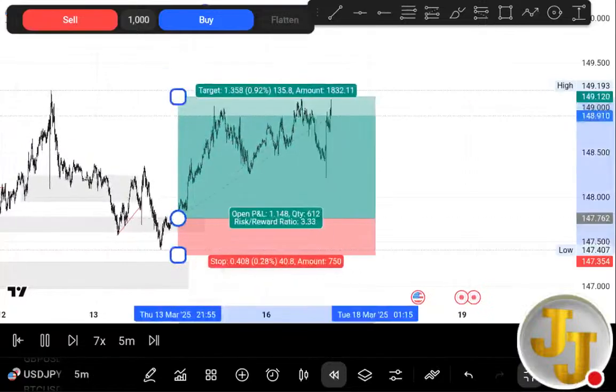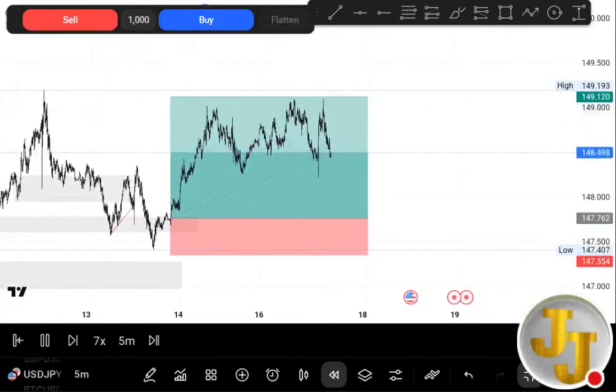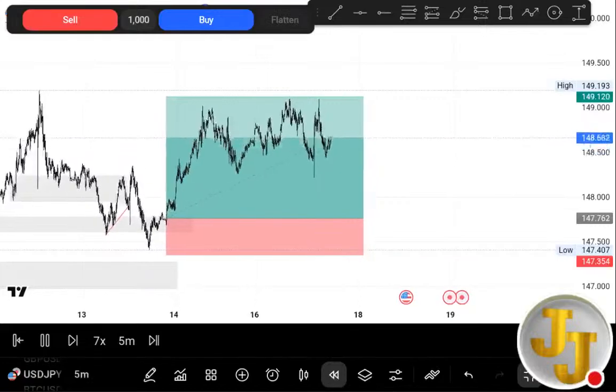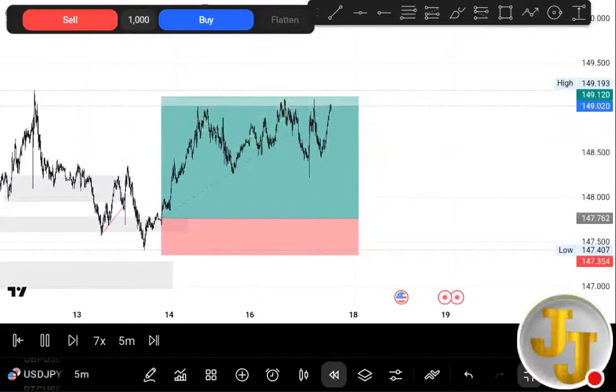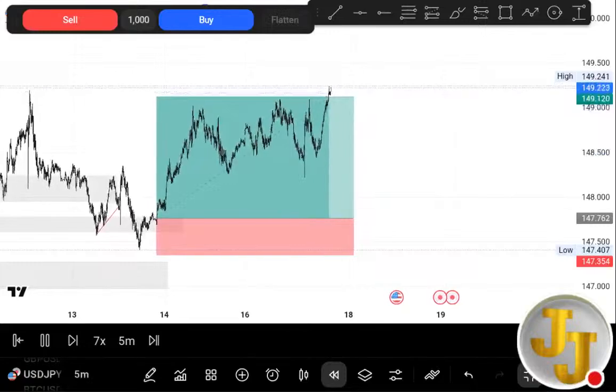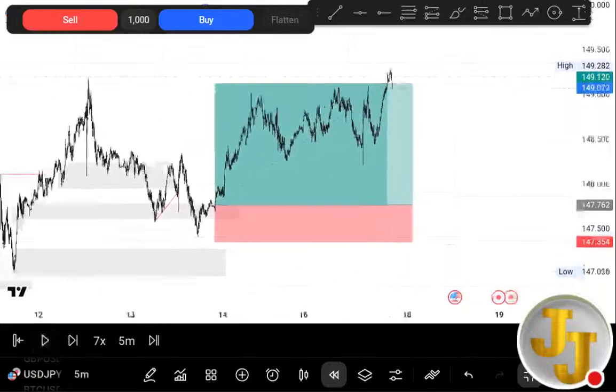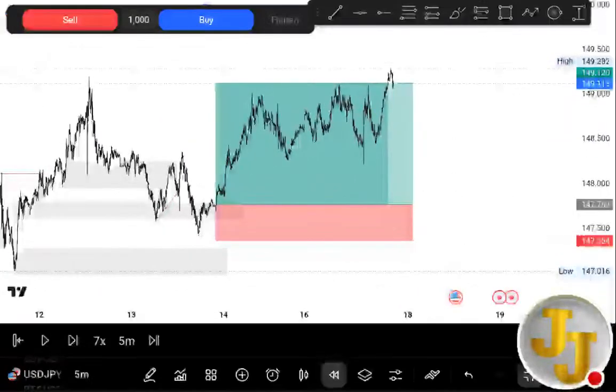The TP had to be reached, so it took some time, guys. As you can see, our TP has hit. Confirmation trades are always good because your risk is small.